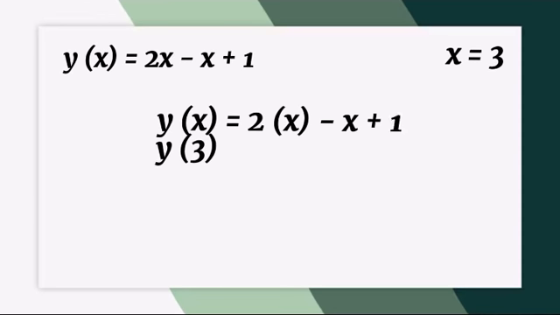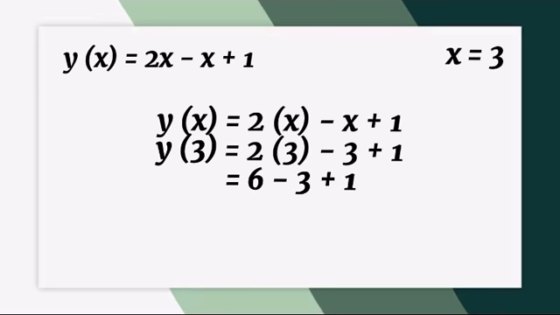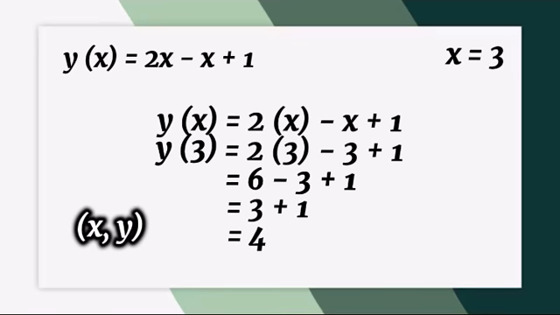With x equal to 3, y of 3 equals 2 times 3 minus 3 plus 1. 2 times 3 equals 6, minus 3 plus 1. 6 minus 3, we have 3, then plus 1, we have 4. So 4 is our answer. That's why we use x and y as variables.